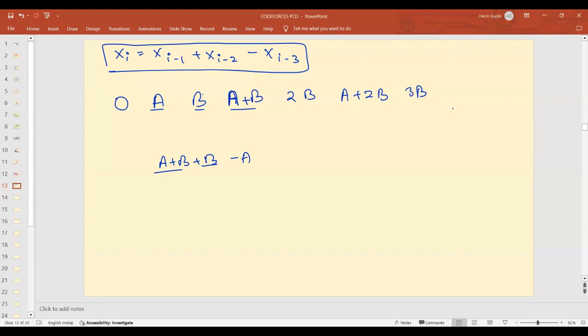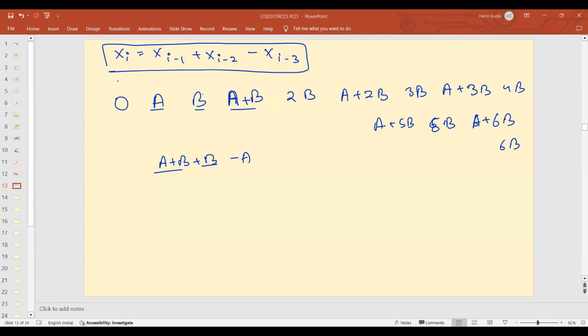What will be the next number? A plus 3B. What will be the next number? Don't calculate. Are you all able to observe the pattern? 4B. Can I say A plus 5B? 6B. Oh, sorry, 5B. A plus 6B. Are you all able to obtain this pattern?